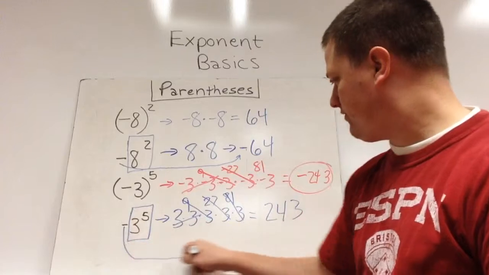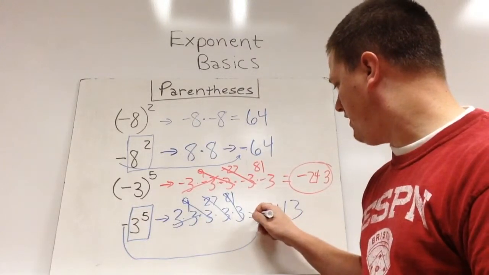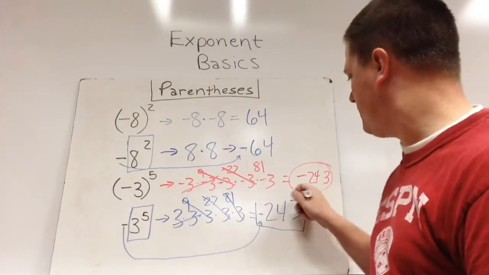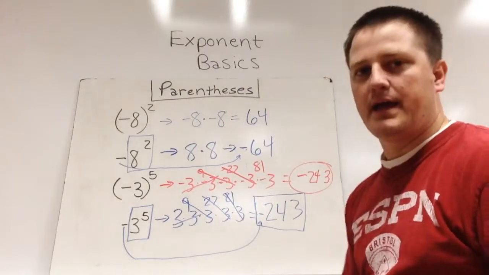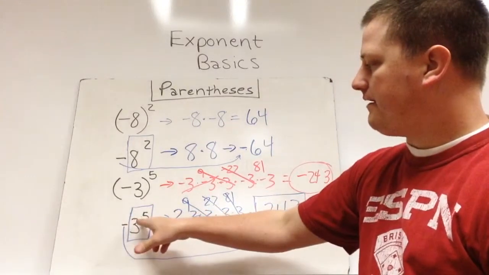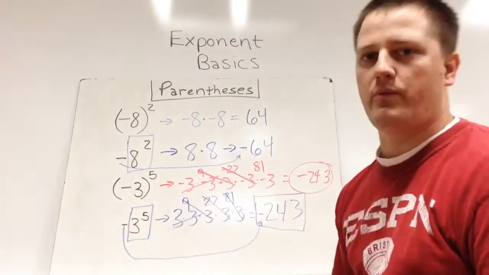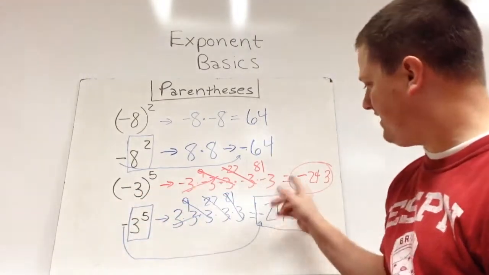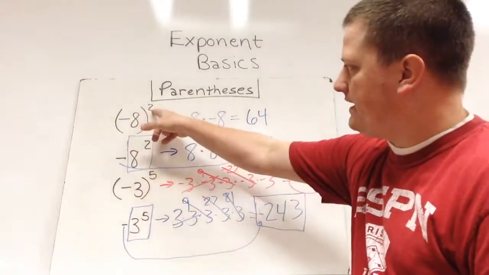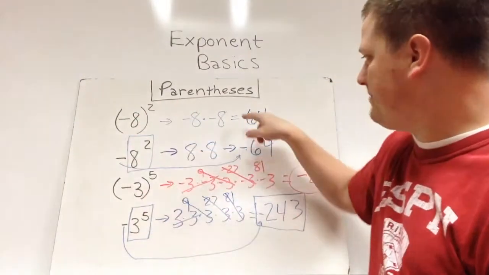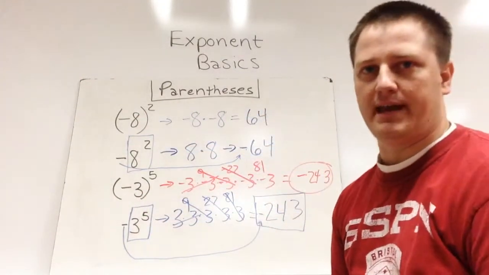The negative floats across. This one is also negative 243. As you can see, with an odd exponent, parentheses or not doesn't really matter. It's negative in both situations. But with an even exponent, it does matter, as one is positive and one is negative.